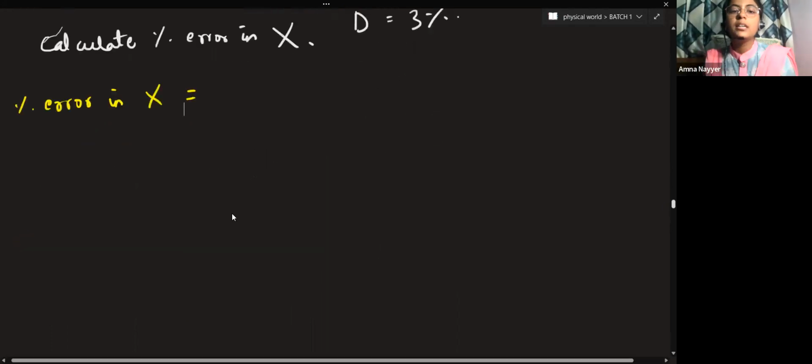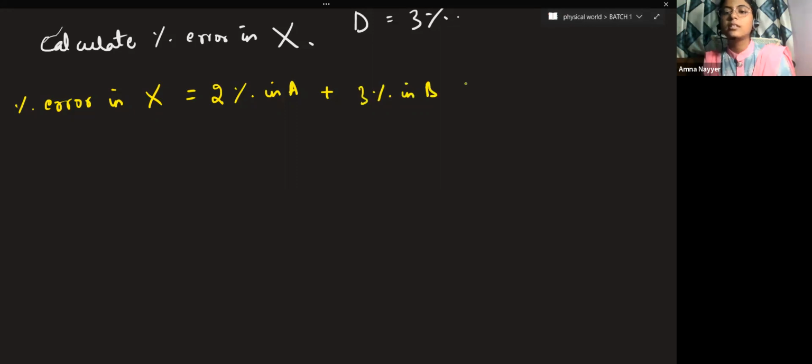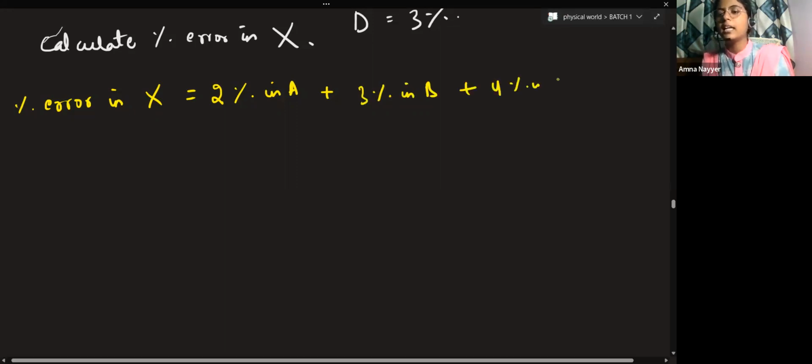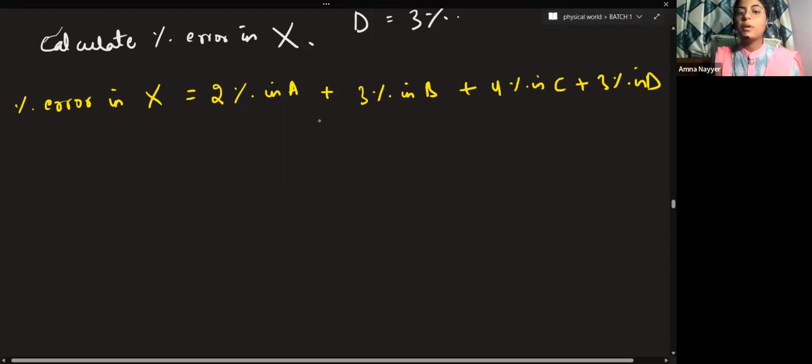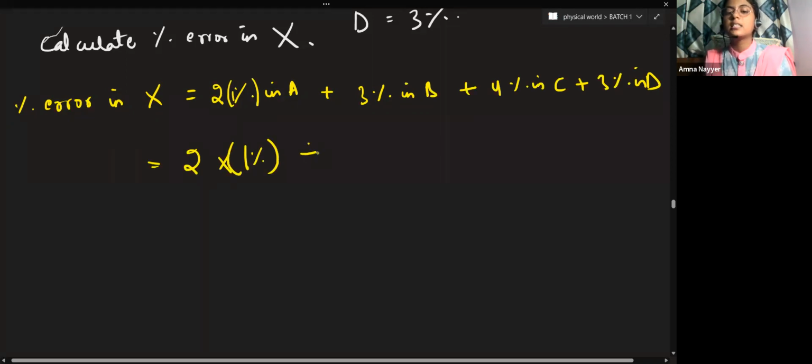So 2% error is there in A. Then you have different errors: 3% error in B, 4% error in C, and 3% error in D. This is what is given to you. But we cannot ignore the powers. So the power is 2 multiplied by the 1% in A. This completes your part for it.